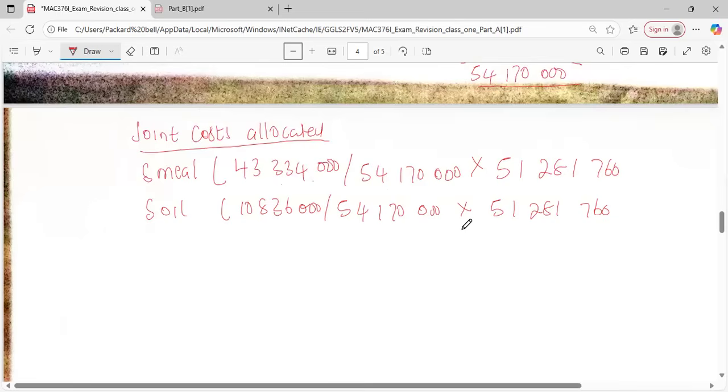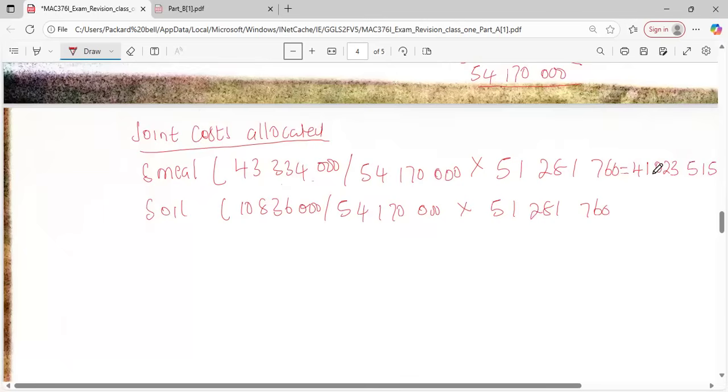So what are we going to have as our joint cost to be allocated to the joint products? I get 41 million, 23,514. If you round it, 515.